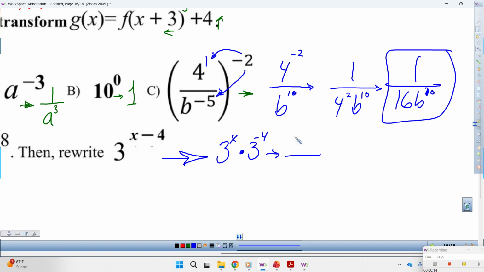Then 3 to the power negative 4 on the bottom, but make it a positive. All right. So then 3 to the x over... 81.